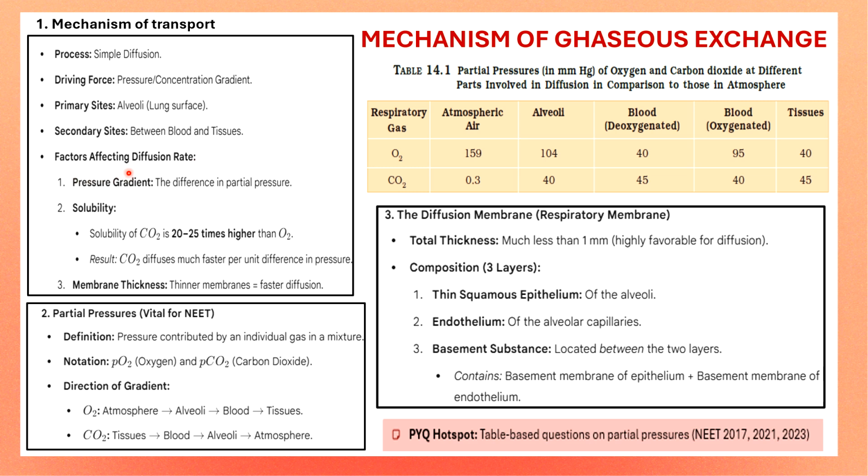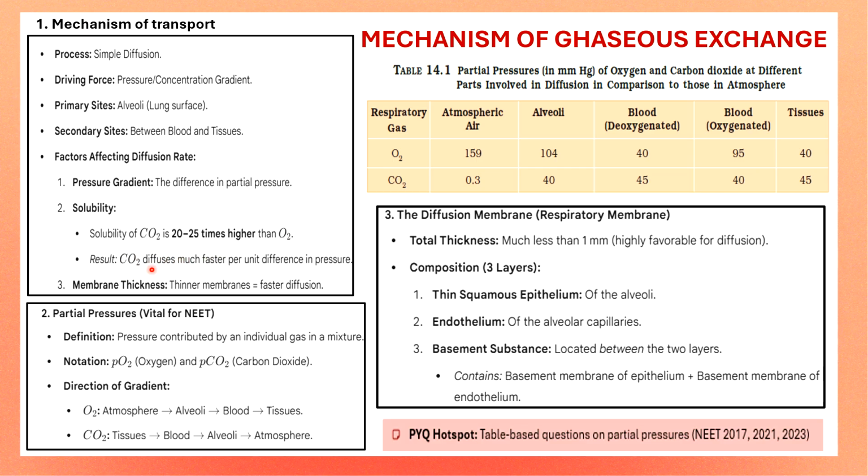The various factors that affect the diffusion rate are, first, the pressure gradient, that is the difference in the partial pressure for both oxygen and carbon dioxide. Second factor is solubility. Carbon dioxide is 20 to 25 times more soluble than oxygen in blood.